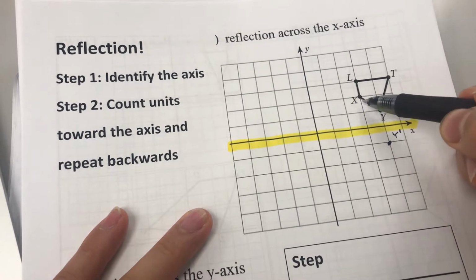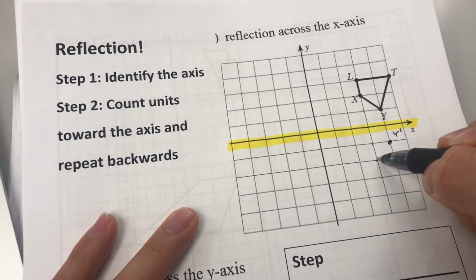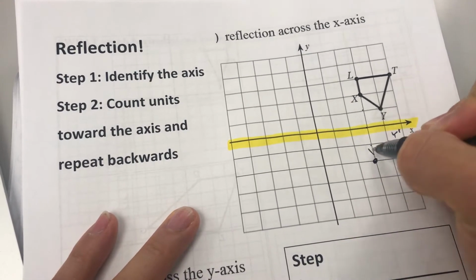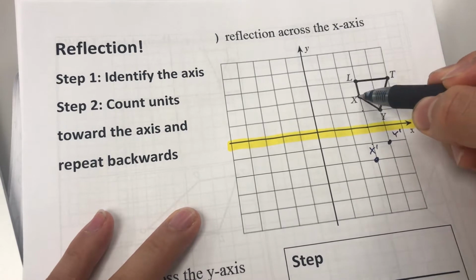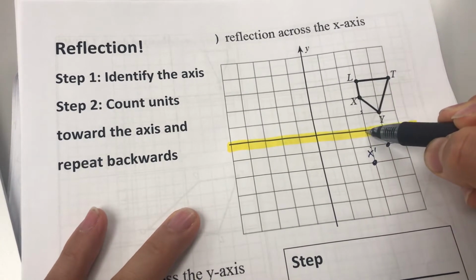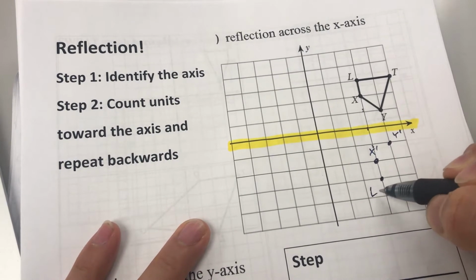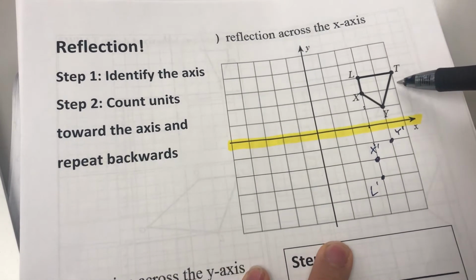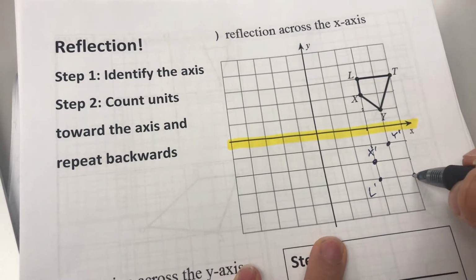X is 1, 2 units from the mirror, so it's 1, 2 units away on the other side, and that's where x prime is supposed to be. L is 1, 2, 3 units away, so it's 1, 2, 3 units away this way, okay? That's L prime, and T is 1, 2, 3, so it's 1, 2, 3, and that's where T prime is.